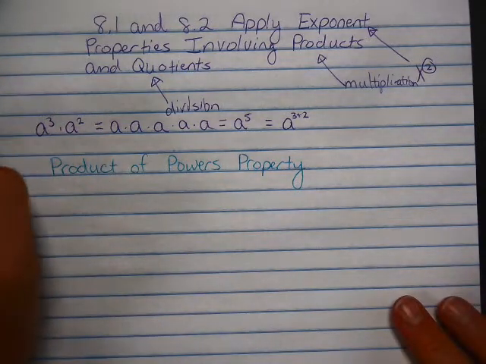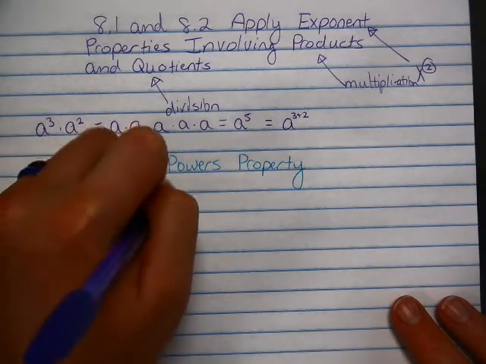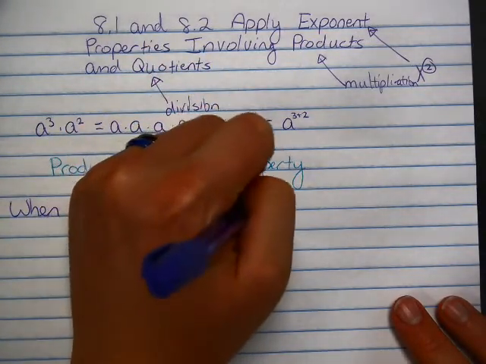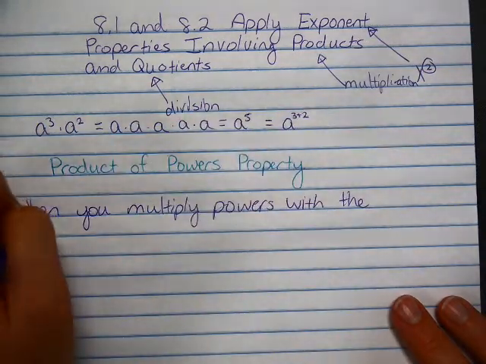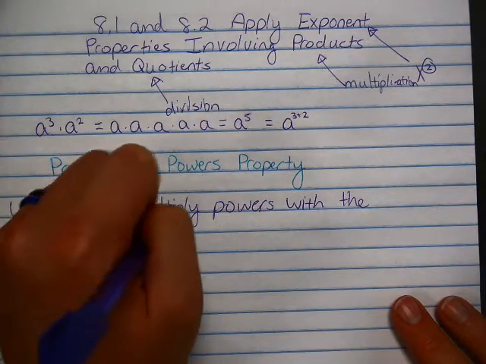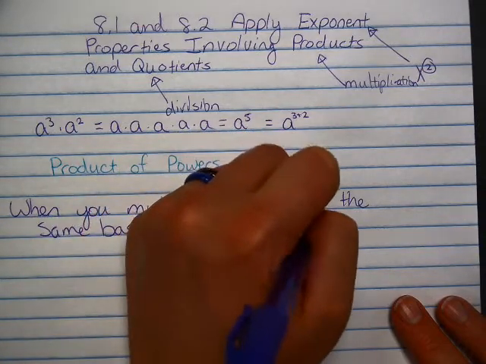What that says is when you multiply powers with the same base, you add the exponents.